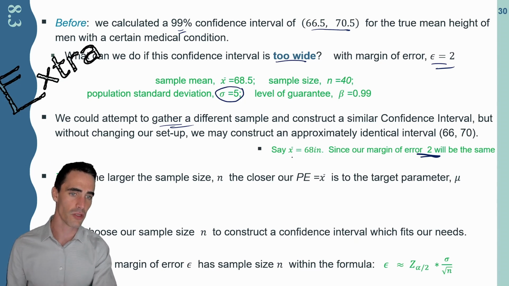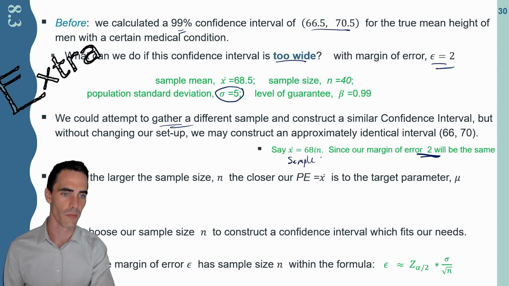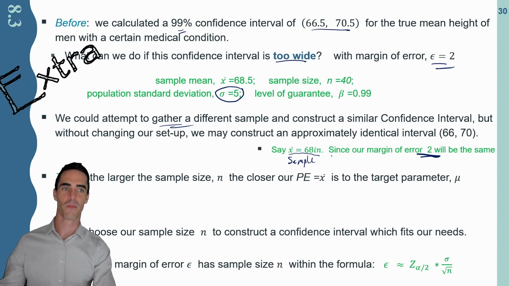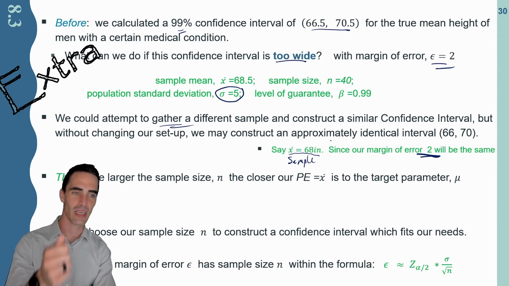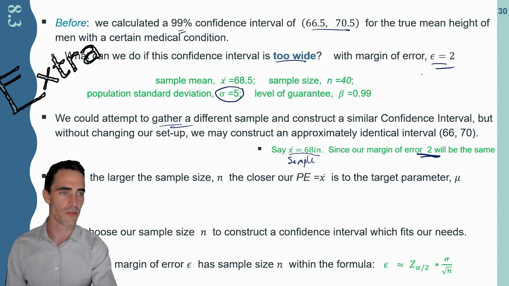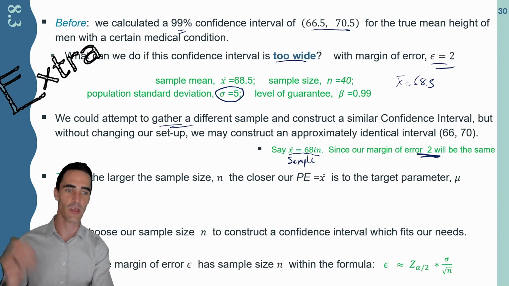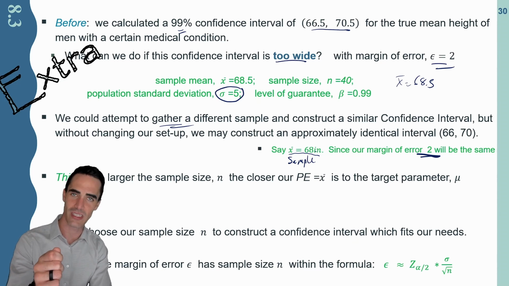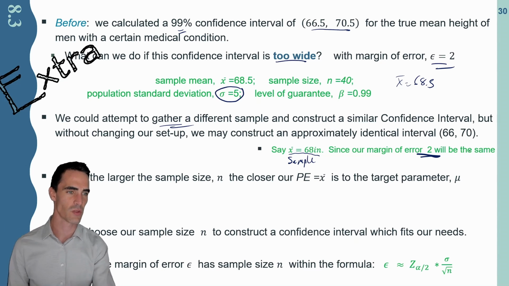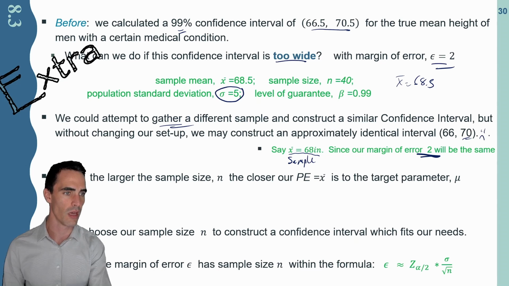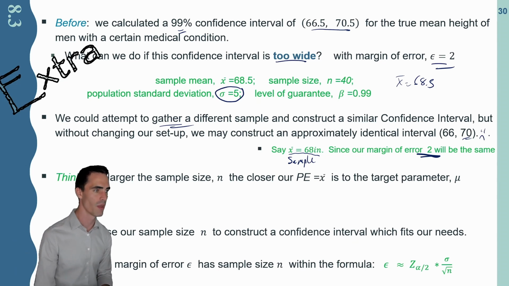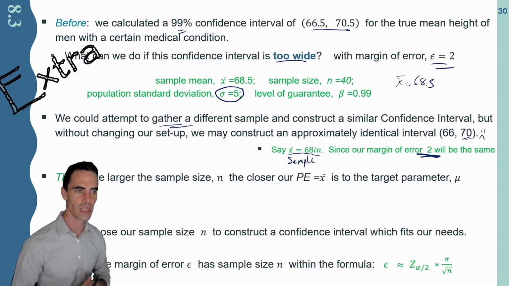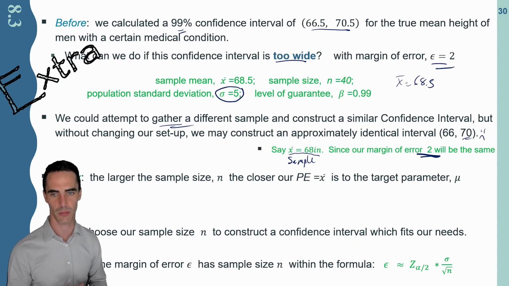And so the only thing you can change is the sample mean, but the problem with the sample mean is it's random, right? One day you might sample and get 68.5 like we did earlier for my sample mean, and the next day you might get 68. But even if you get a smaller mean, that margin of error, that swing, still gives you an unhelpful confidence interval. So we can't just rely on chance to maybe hopefully get a smaller sample mean.